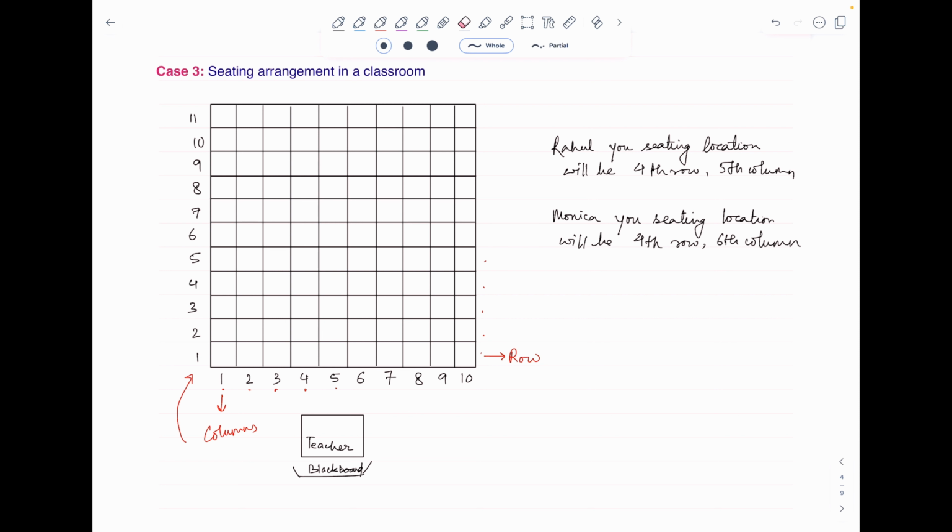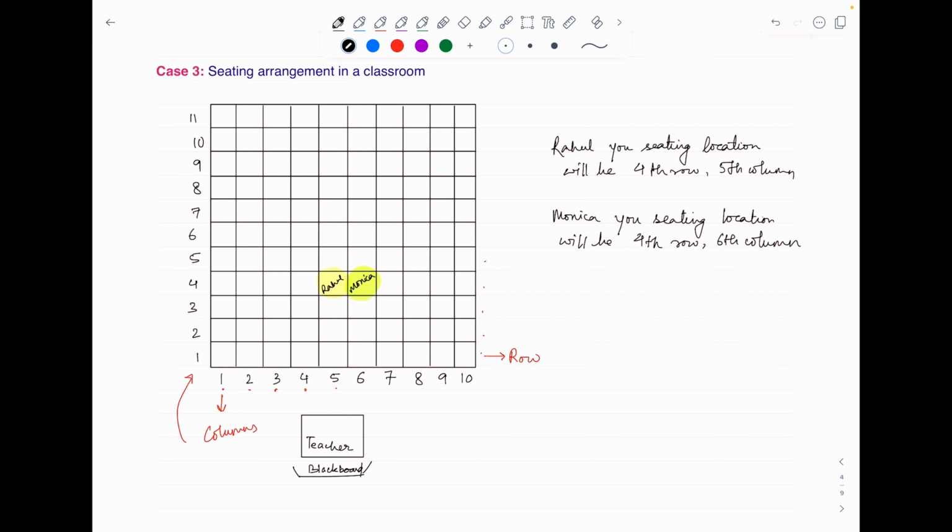First column, second column, third column, fourth column, fifth column. This fifth column is your seat, the fourth row, fifth column. She crossed you, and this is the sixth column. So she reached here. This is her location. This is your sitting location, and this is her sitting location.